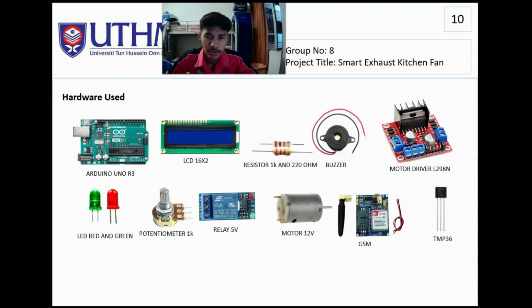And then the last one for the methodology part is hardware usage. For the hardware, we just use all of the components instructed by the coordinator.